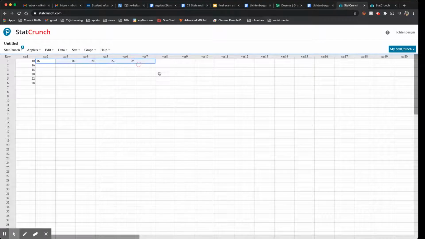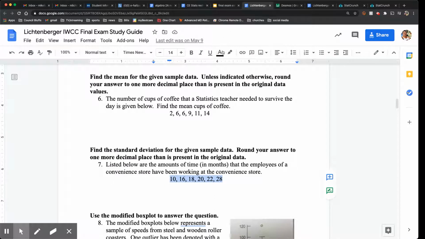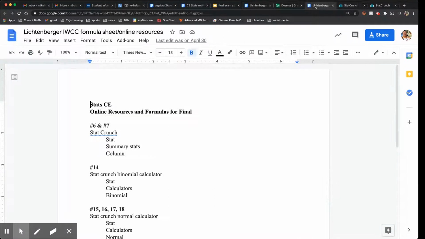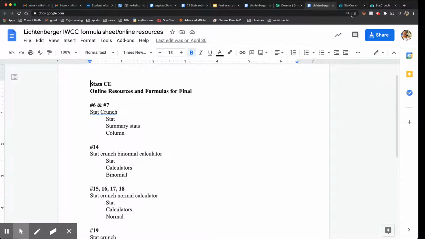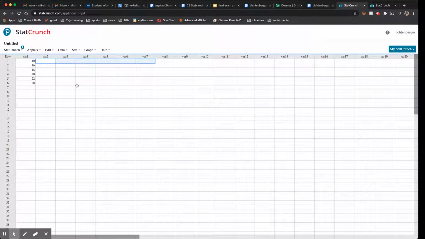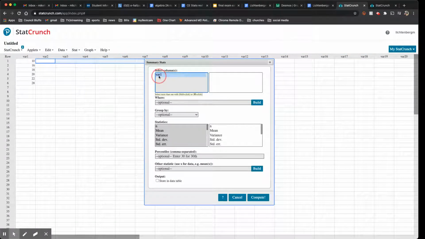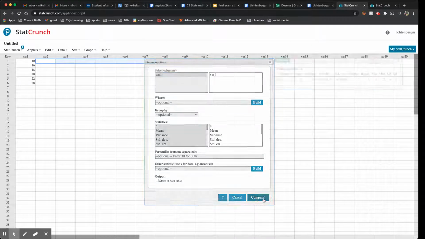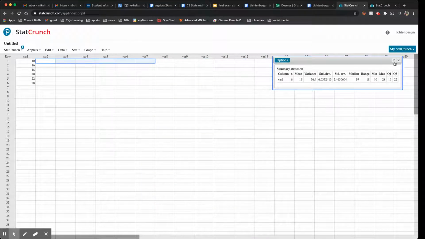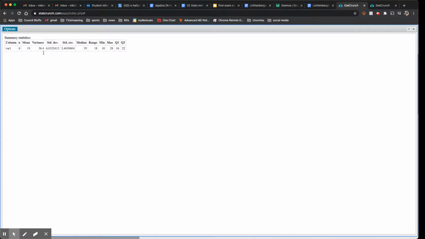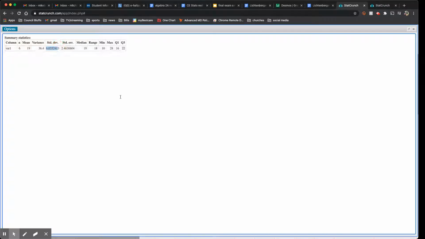So I have all of the data for number 7. I have that data in a column, and like my reference sheet says, I'm going to do the same exact thing. So I'm going to go to Stat, Summary Stats, and Column. I'm going to choose Column 1. I'm going to compute. And once again, the only difference is now I'm going to look at standard deviation.